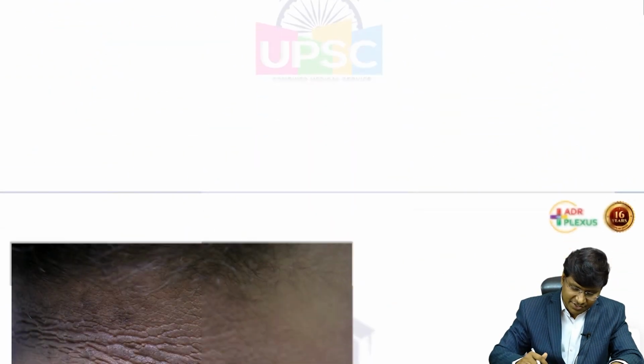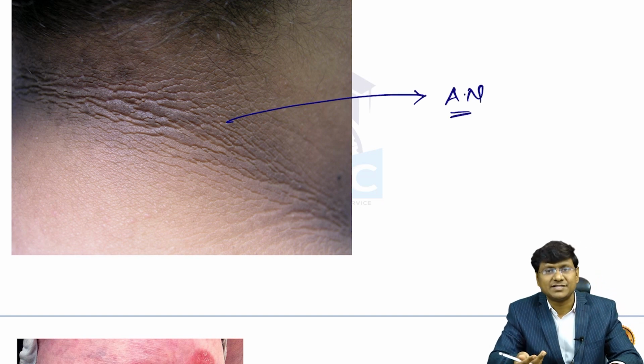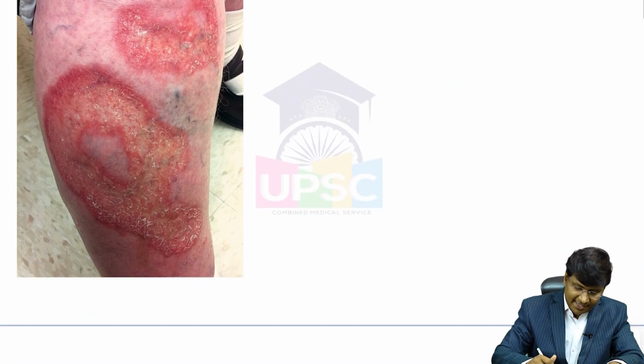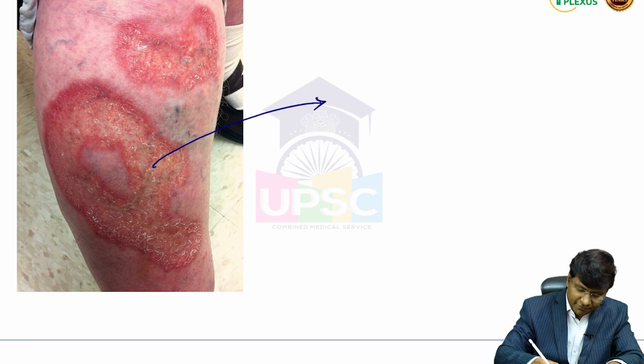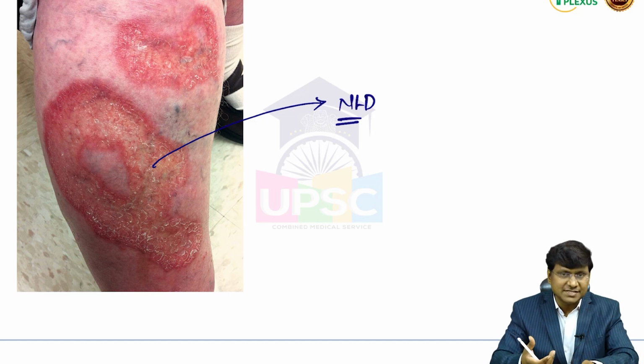Let me show you these images, right? So this is the acanthosis nigricans, where it is described as hyperpigmented skin or dark velvety skin, right? And this is the image of necrobiosis lipoidica diabeticorum, which is commonly observed over the lower limbs. And how is the appearance?